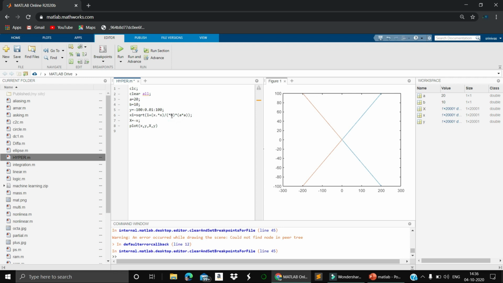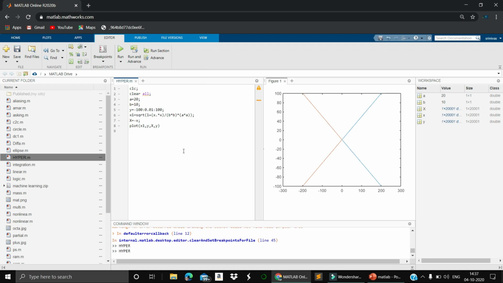No, I am not interchanging only, I am interchanging values, right? So in that case, x1 comma x and y1 comma y, then you will get it in this way. Wait for that one. The output will take time to execute. So when I change this one, you will get it in this manner.